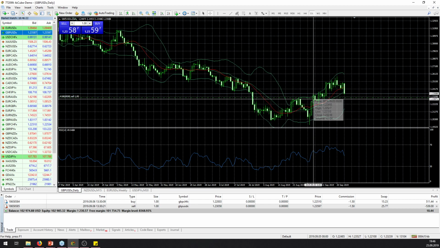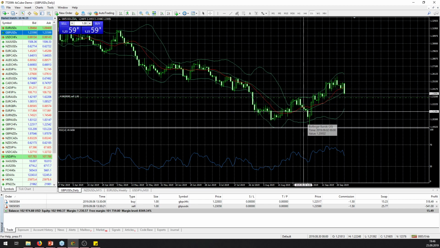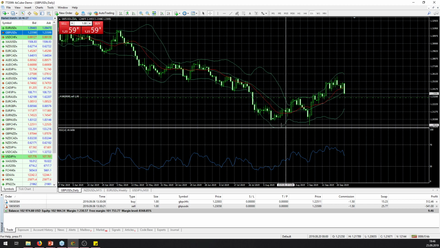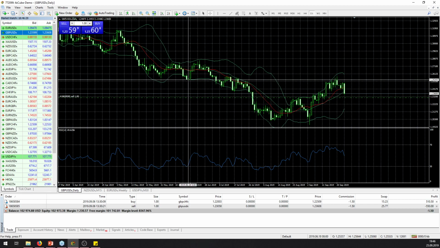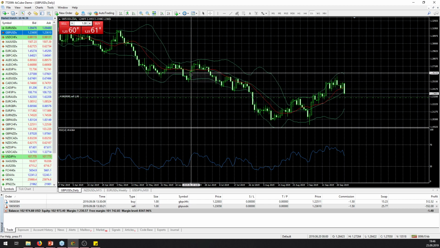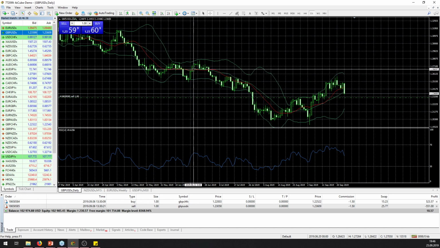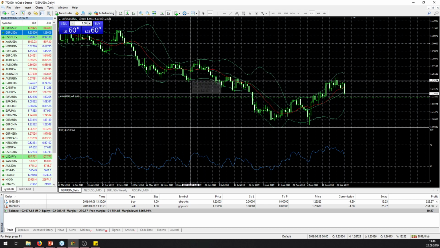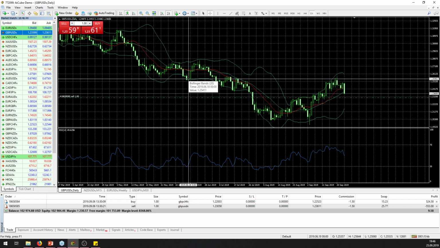Well, we do have 3 consecutive bullish candles here. There are also 3 consecutive bullish candles here. Okay, but this I wouldn't consider an extremely strong buy signal.